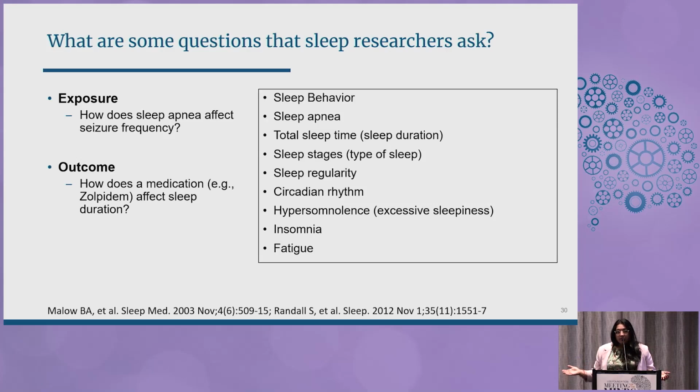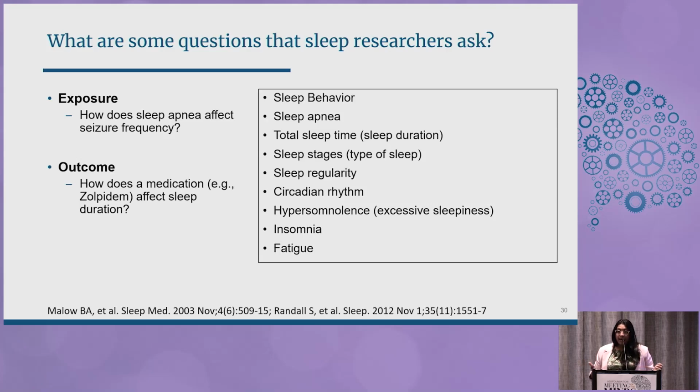So an example of a study which looked at sleep as an exposure is a study by Mallow and colleagues, which provided CPAP treatment to people, both adults and children with seizures. And in the people who received treatment, those people's seizures reduced by about 45%.